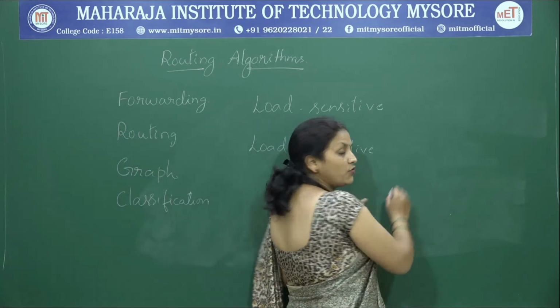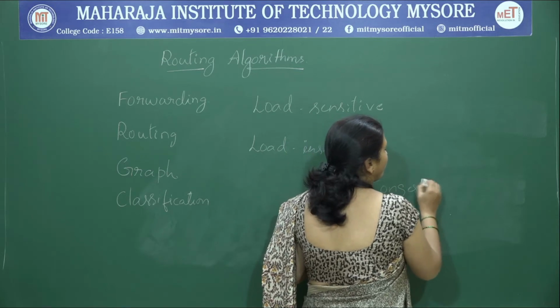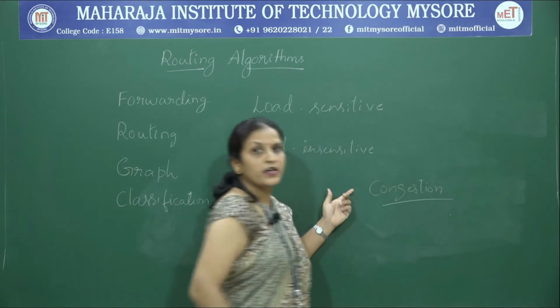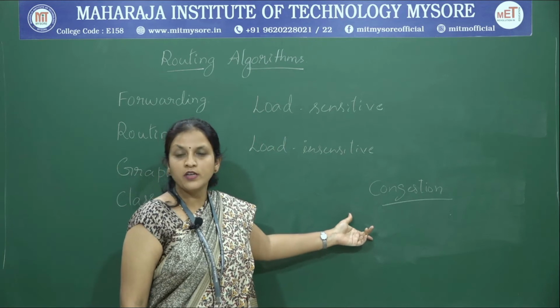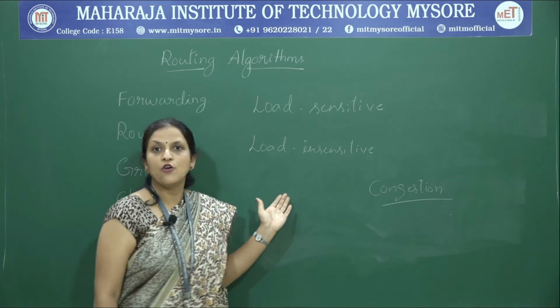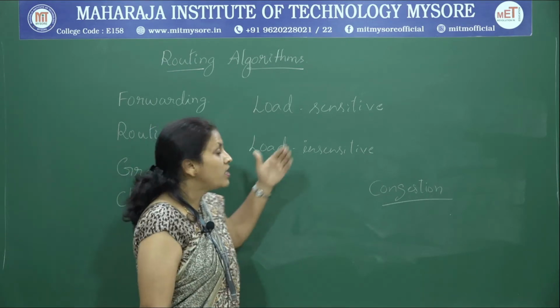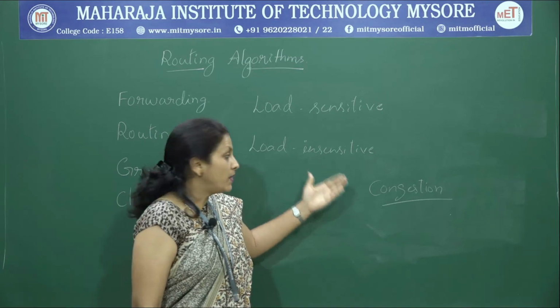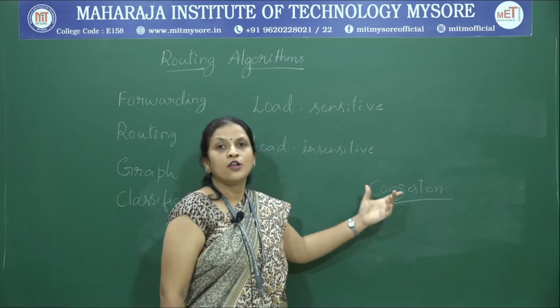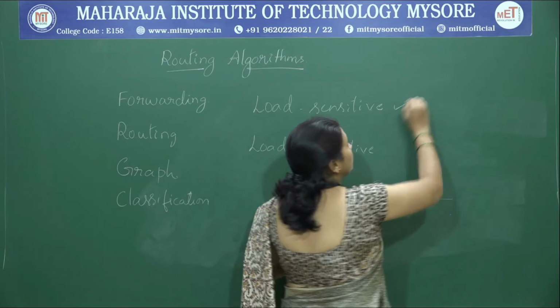In a network, if any congestion occurs, then the value or the weight that we have for each link in our graph, in our network, is going to change depending upon the congestion or load that is happening in the network. That is in case of load sensitive.